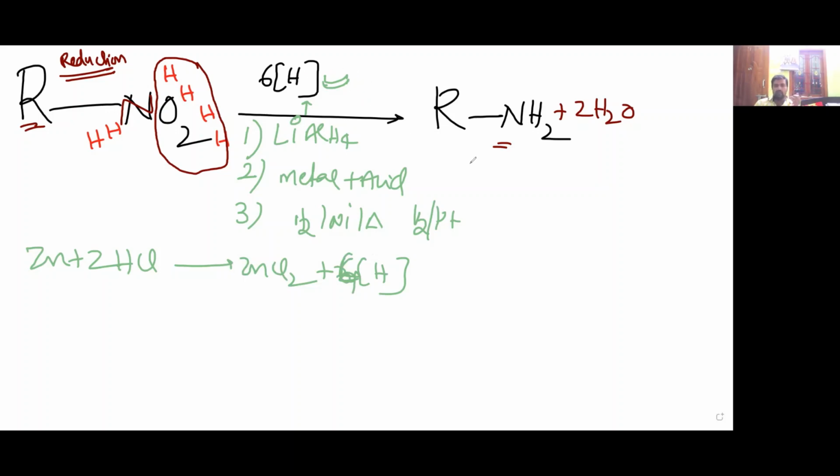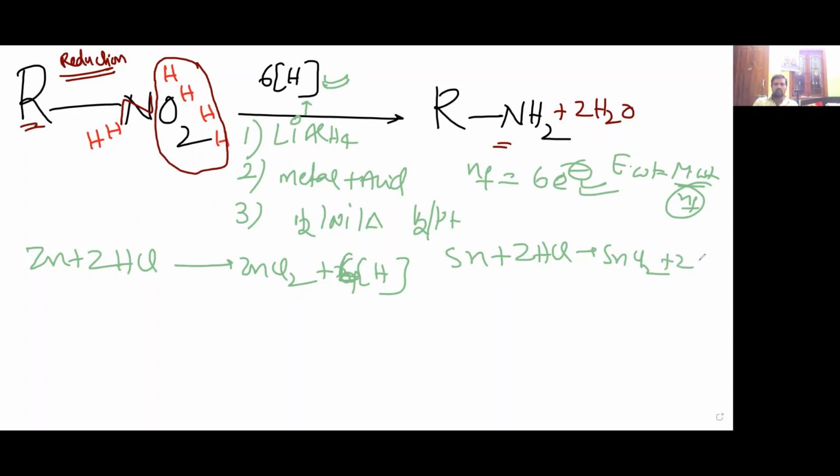So here the N factor, in equivalent weight, is 6 electrons transferred; the equivalent weight is the molecular weight divided by the N factor. So here the N factor is 6. Very simple. Most important thing is RNO2 is converted to RNH2. These are the reagents. Another metal acid you can take is Sn/HCl, SnCl2 and 2 hydrogens. One more time, 4 hydrogens.